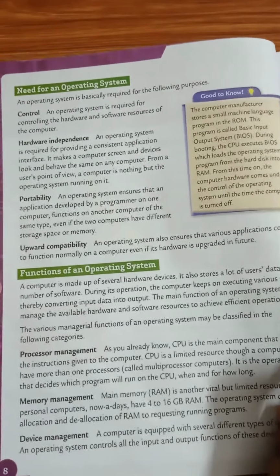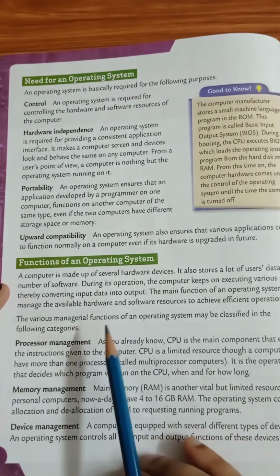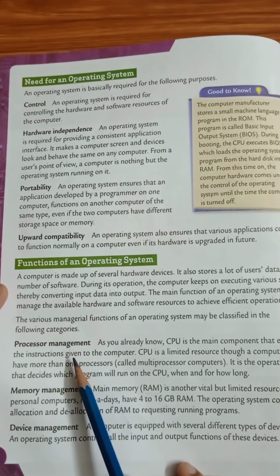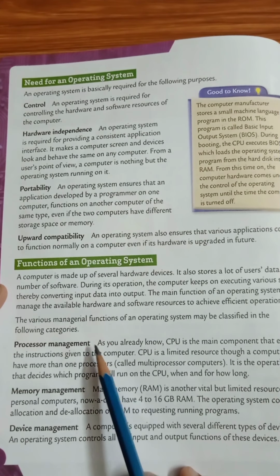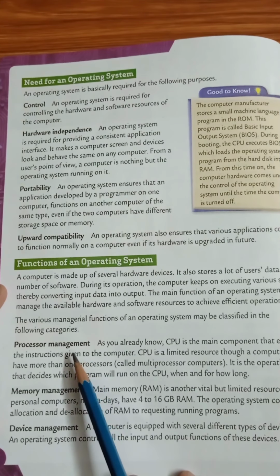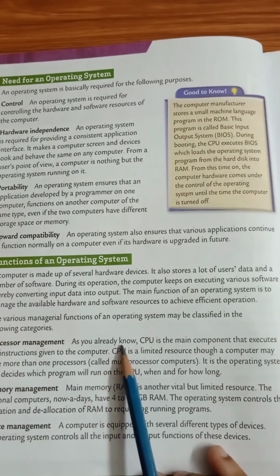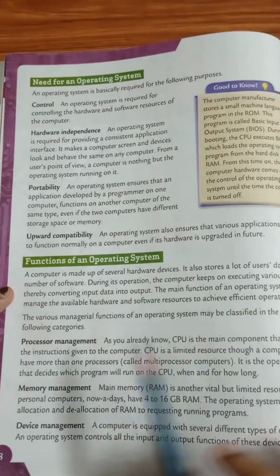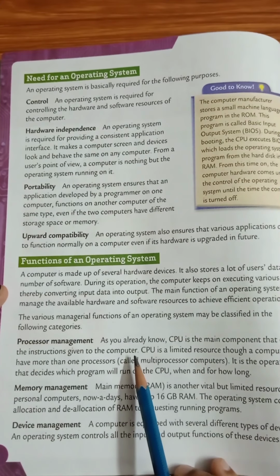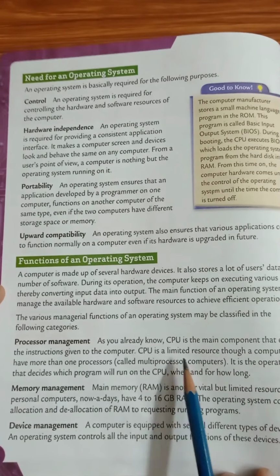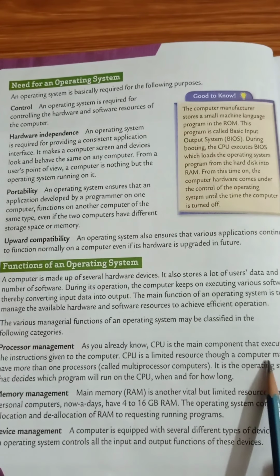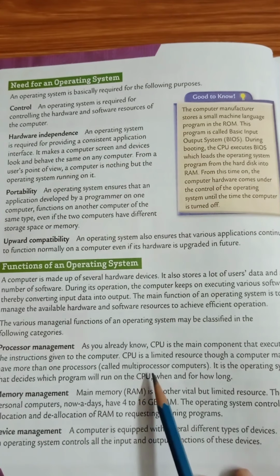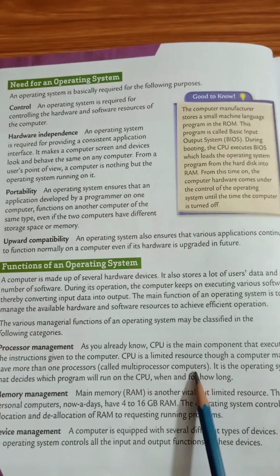Next topic is functions of an operating system. First is processor management. Here processor means CPU. So operating system manages the CPU. As you already know, CPU is the main component that executes the instructions given to the computer. CPU is a limited resource, though a computer may have more than one processor, called a multiprocessor computer.